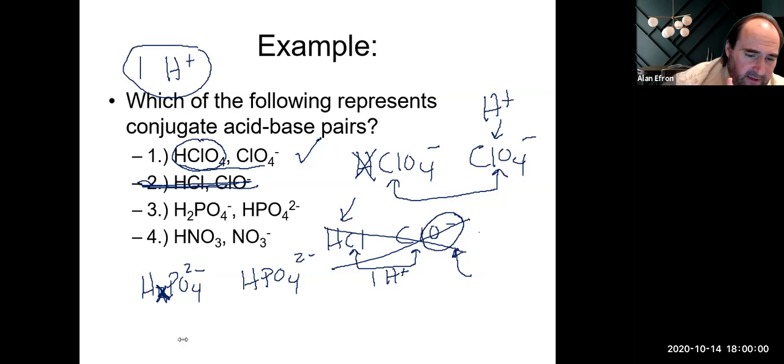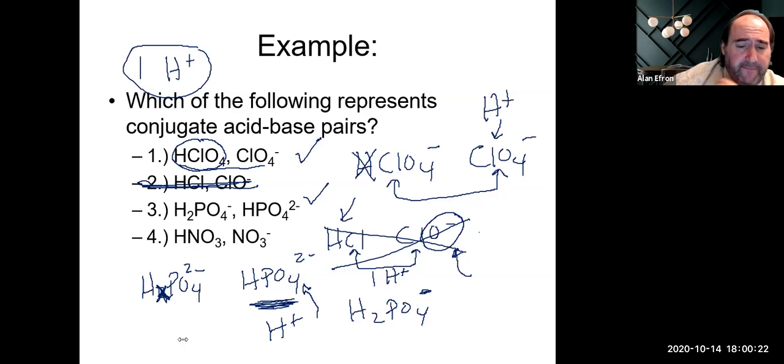So that's HPO4 2 minus, which matches. Or you could throw the H plus back onto this one. When I do that, I get two H's, a PO4 minus 2, and plus 1 gives me minus 1. So these are related to each other. You could look at it either way, whichever is easiest for you.